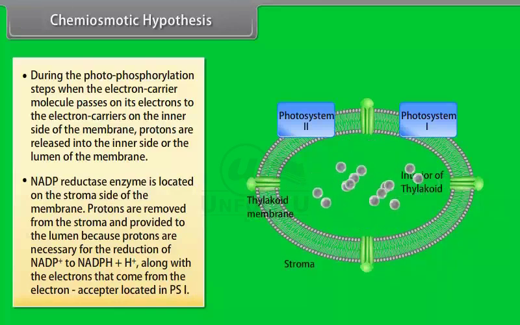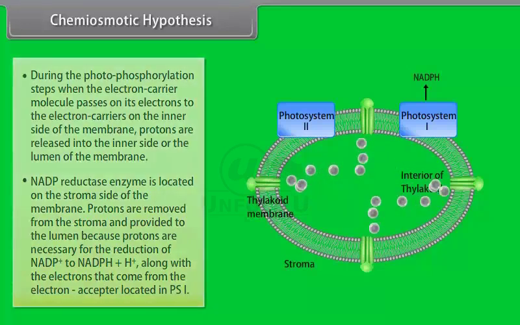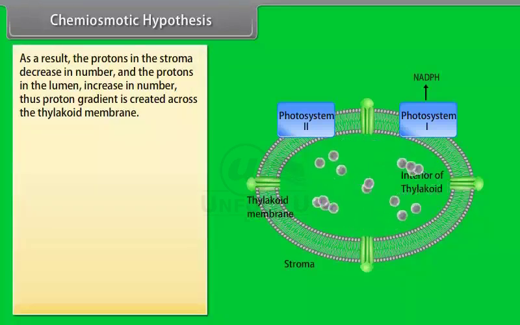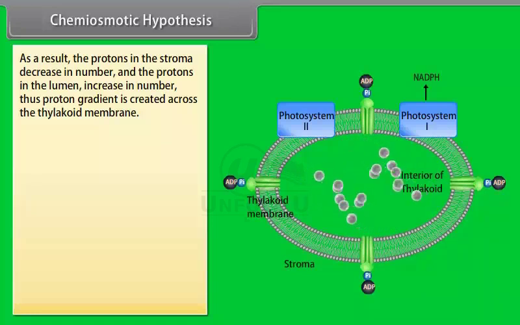Protons are removed from the stroma because protons are necessary for the reduction of NADP+ to NADPH plus H+, along with the electrons that come from the electron acceptor located in PS1. As a result, the protons in the stroma decrease in number, and the protons in the lumen increase in number. Thus, a proton gradient is created across the thylakoid membrane.